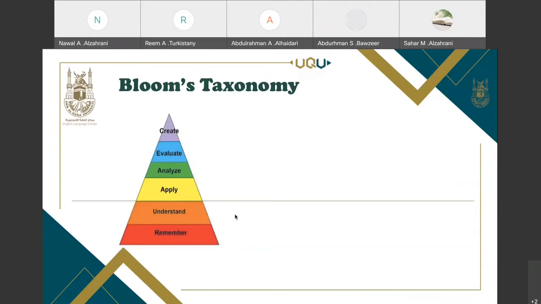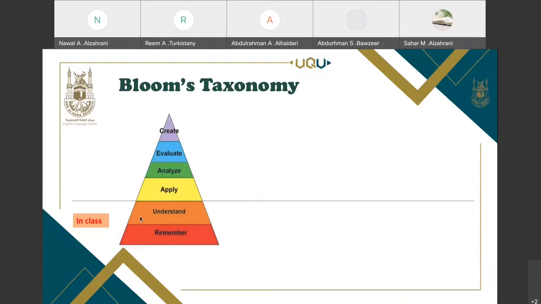So the idea here of the flipped classroom is that you devote these two levels of thinking, which is usually done in class. See, they are very basic. They don't need much effort. They can be gained very easily. But what is happening is that they are done in class by the teacher.